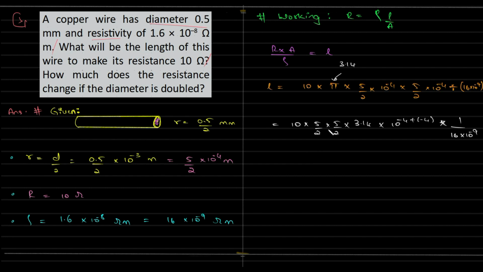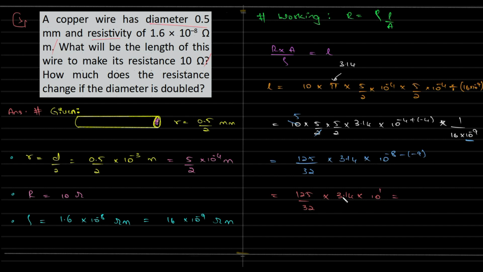Pretty much nothing actually, other than the 5s. So 5 into 5 into 5 is 125, into 3.14 divided by 2 into 16, 32, into 10 to the power of minus 8, and because of this minus of minus 9, this is 125 divided by 32 into 3.14 into 10 to the power of 1.